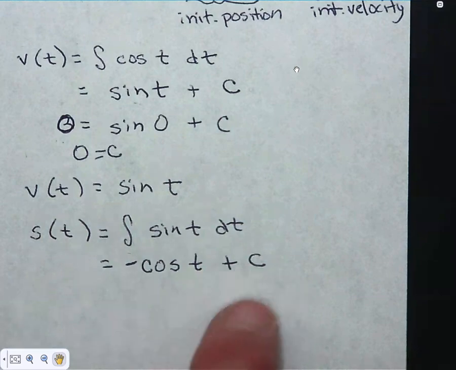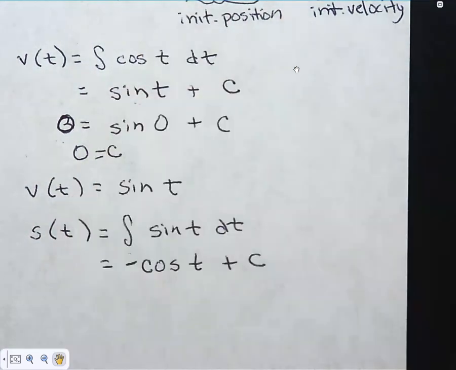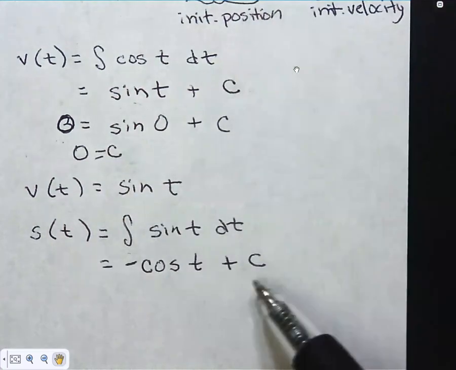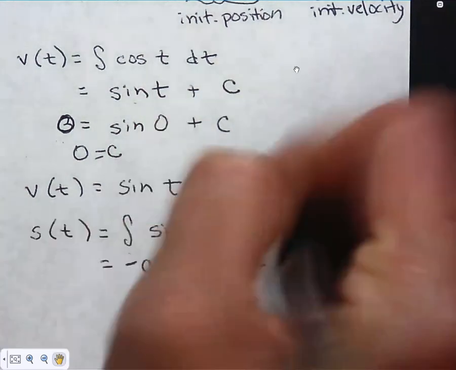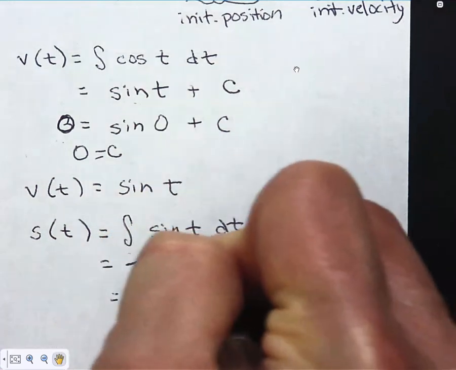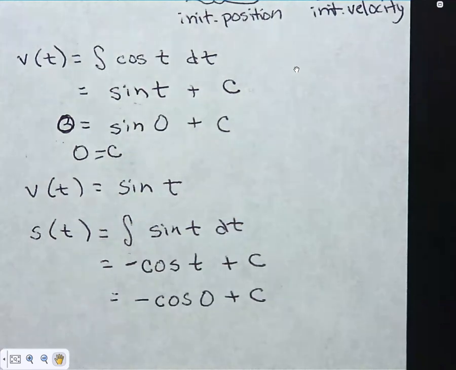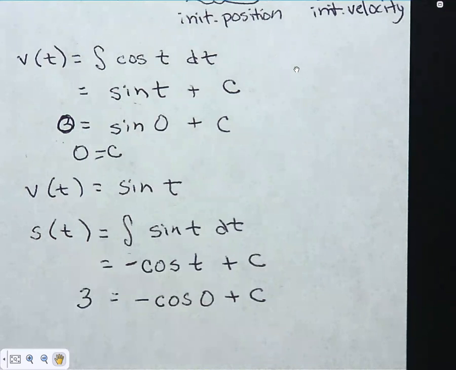And now we can find that constant because we know the initial position is 3. Be careful with that. Don't assume that that's automatically what c is. Go ahead and say, if I put 0 in place of t in the position function, that whole thing is supposed to equal 3. Does that mean the constant is 3?